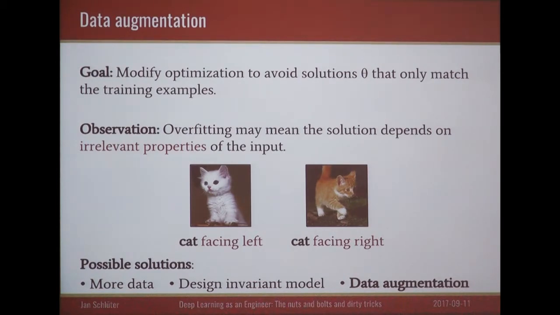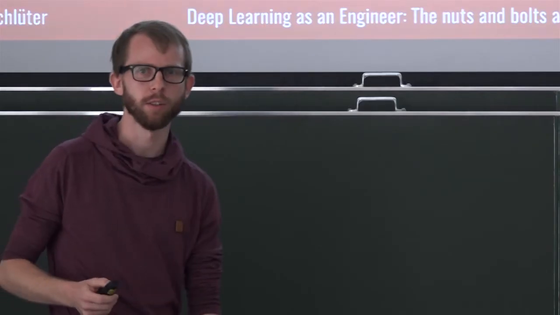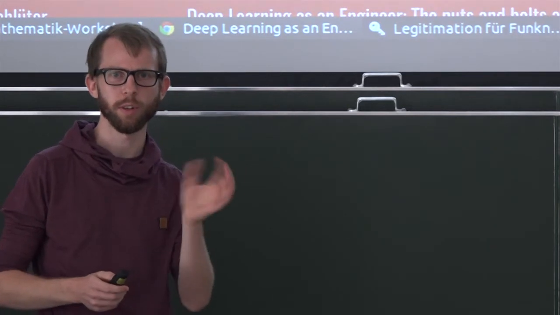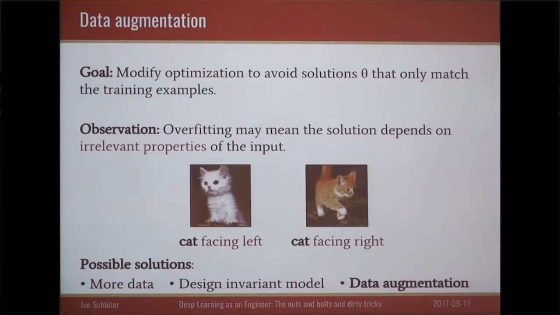And some possible solutions for this are to just use more training data, so the model will learn about these invariances, or actually try to make the model so that it cannot use the orientation. This may be very difficult.